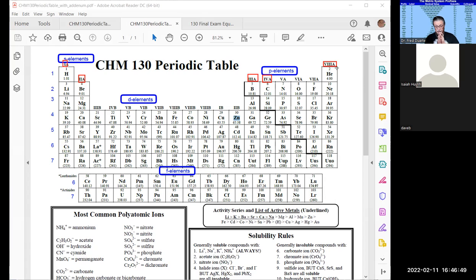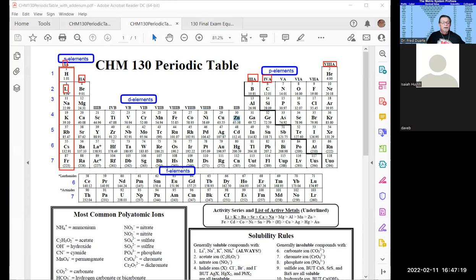Because what that's going to tell you is that Roman numeral, for the elements in that column, is how many what are called valence electrons exist for those elements in the same column. So hydrogen on down, everybody in that column, though they have different numbers of electrons, you know, lithium has 3 electrons.